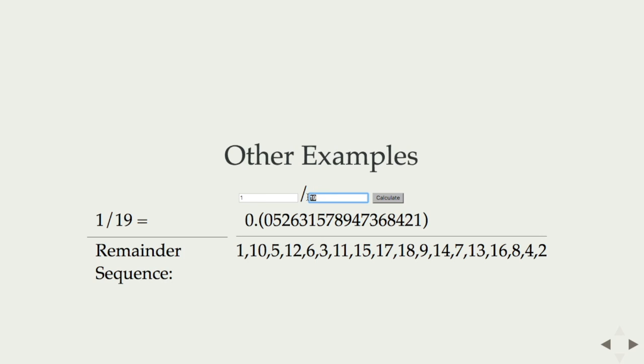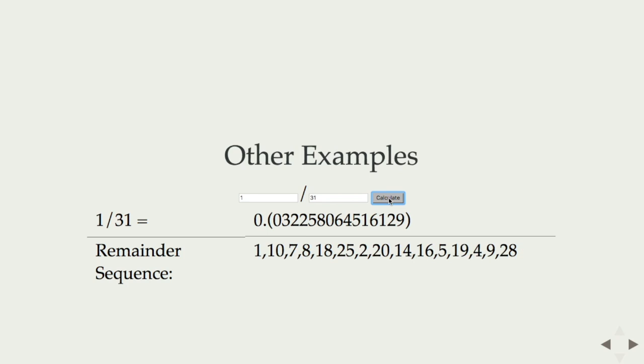All right, let's try another number, which is 31. Notice that the sequence is actually shorter now. It's 15. And the interesting thing is that even though the possible remainders are 1 to 30, here we only have 15 of them. So we're missing half of them. Interesting thing is that if you put 3 here, you're going to get the other half.